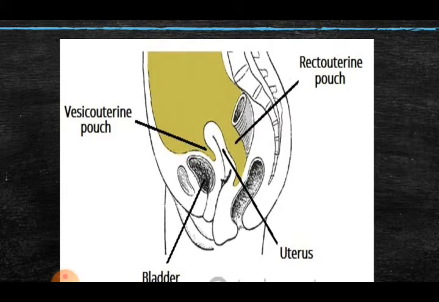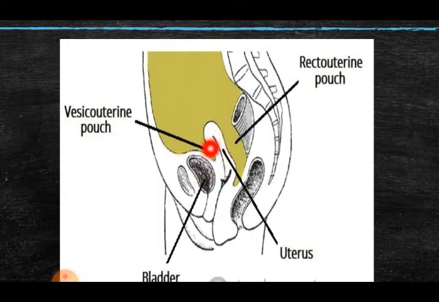This is the vesico-uterine pouch that is formed due to the folding of the perimetrium. So here anteriorly between the urinary bladder and the uterus is formed a pouch that is called the vesico-uterine pouch.